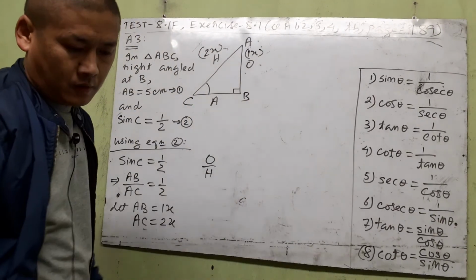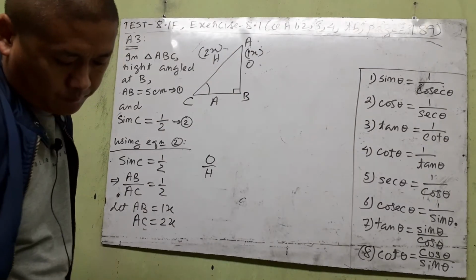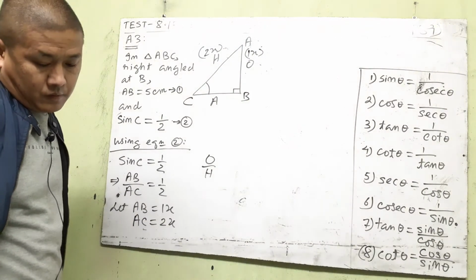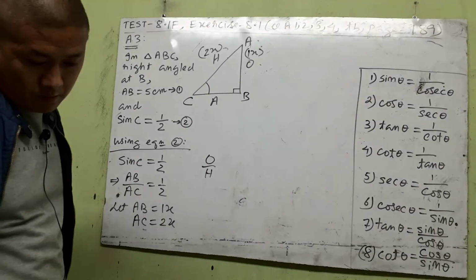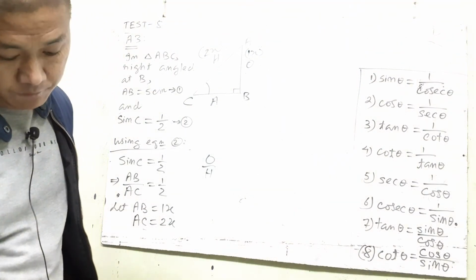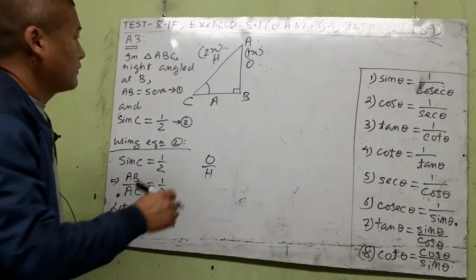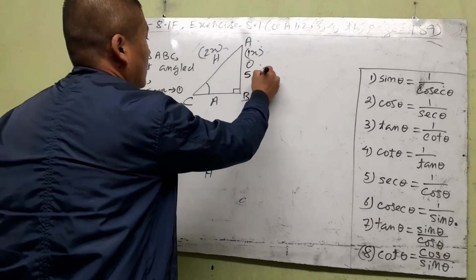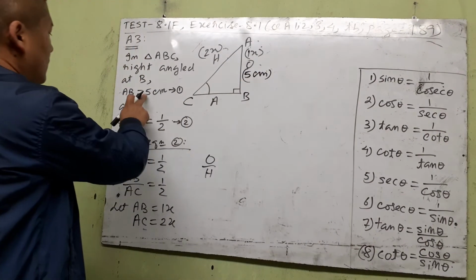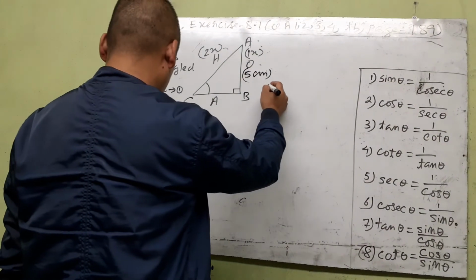So for that, let us write here. AB is 5 centimeter. Now AB is given as 5 centimeter. Look at your text, here, see AB.